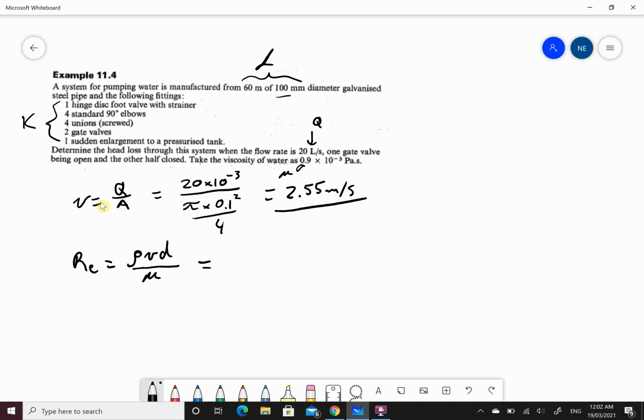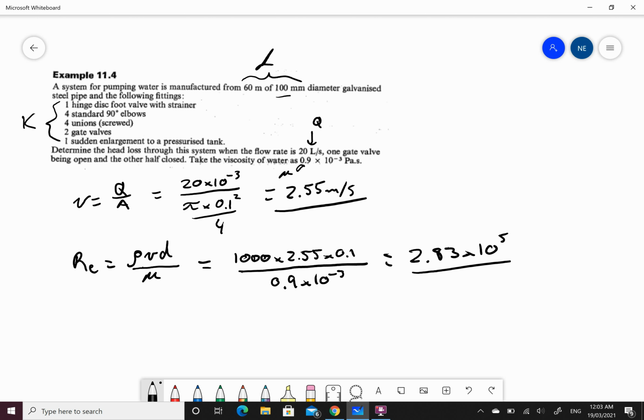Water, if I'm not given a temperature, it's safe to assume it's 1000. 2.55, 0.1, all divided by 0.9 times 10 to the negative 3. Now remember, Reynolds number is dimensionless, so 2.83 times 10 to the power of 5 is my Reynolds number.